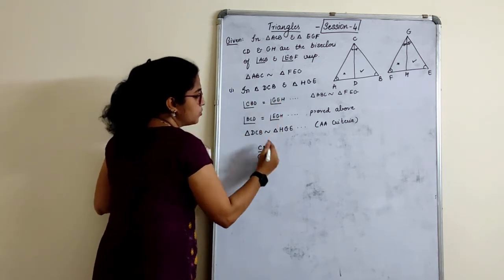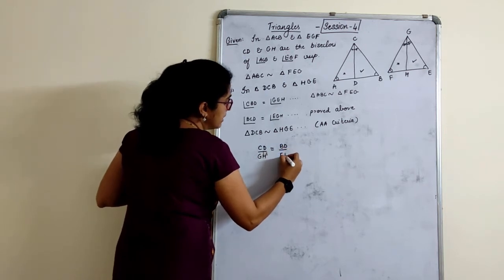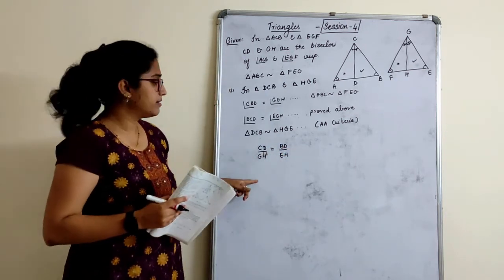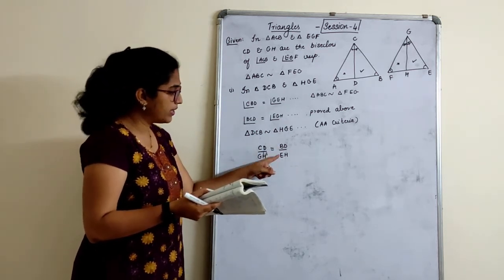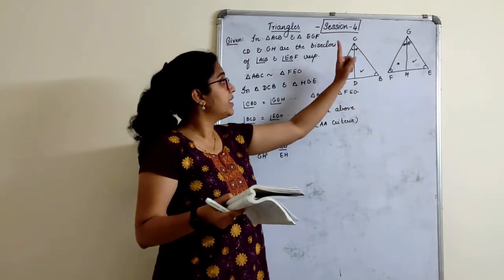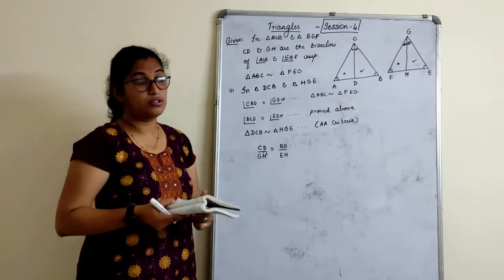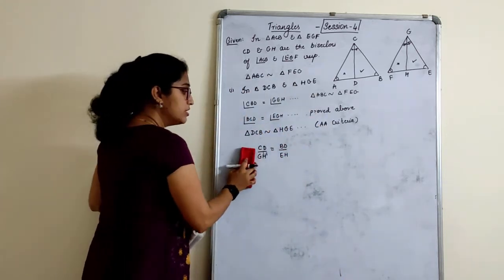Just hide the angle, you will get it. Is equal to BD upon EH. Do you require this, children? CD upon GH? Of course, yes, I require. Do I require BD upon EH? No. What do I require? I require AC upon this. So that is not required by me. So I need not write this at all, right?